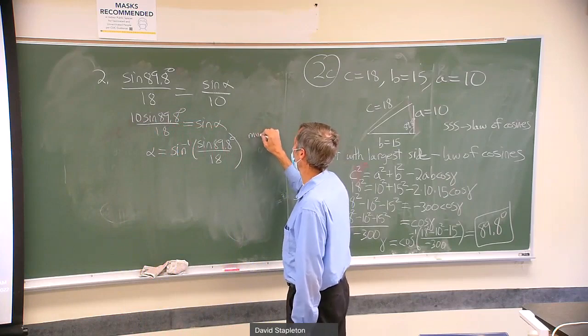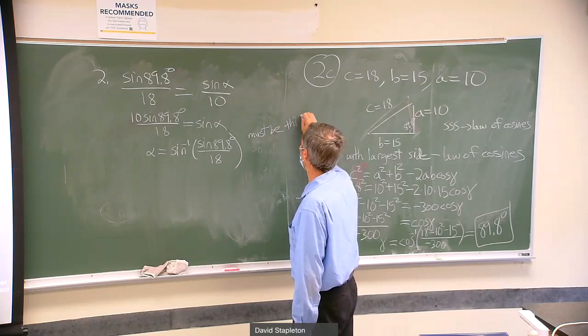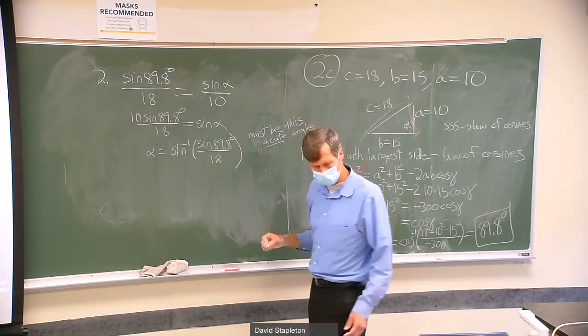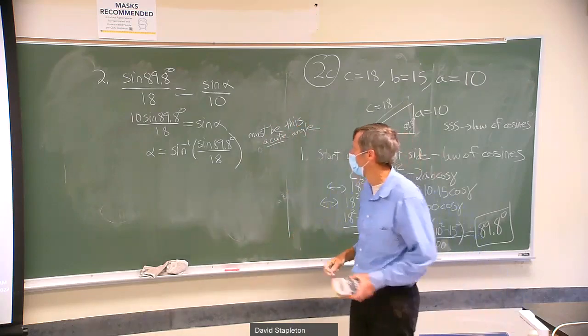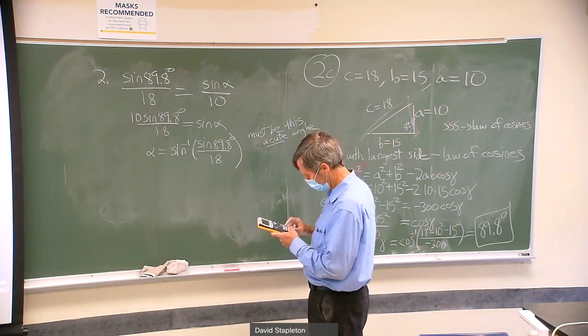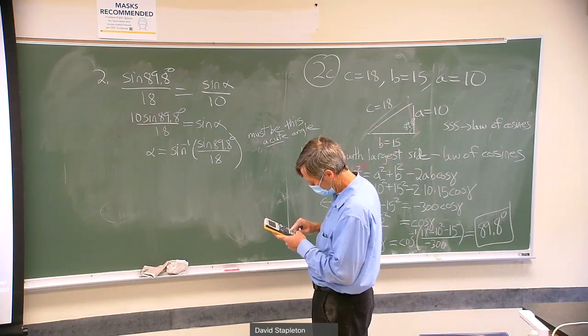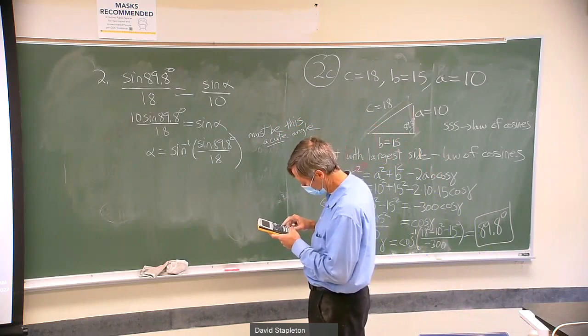Must be acute, acute meaning less than 90 degrees. And we got inverse sine, sine 0.8 divided by 18.